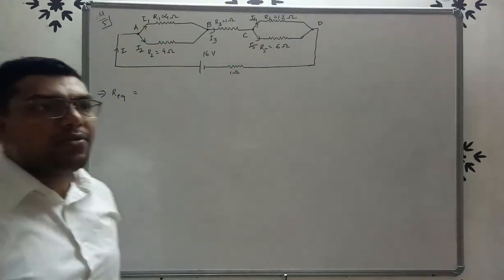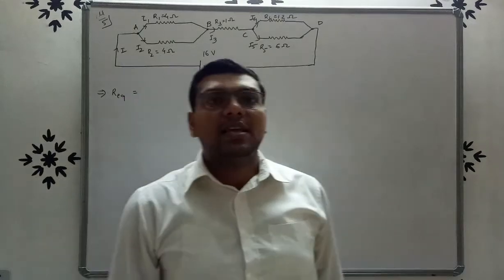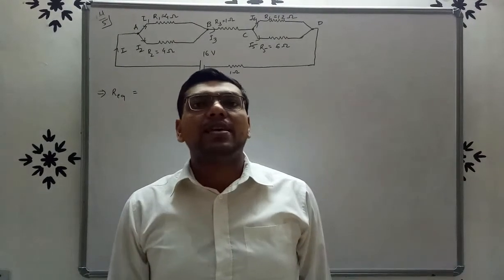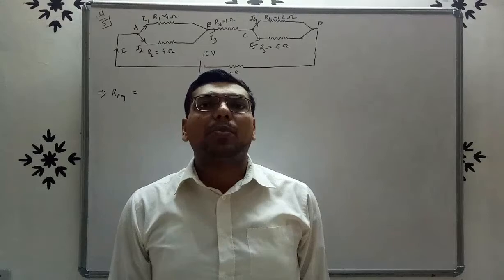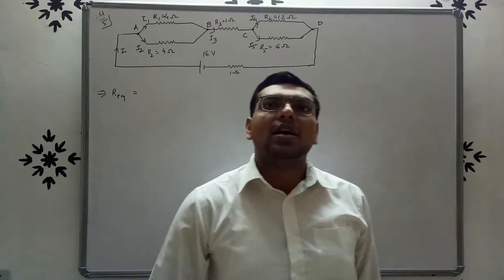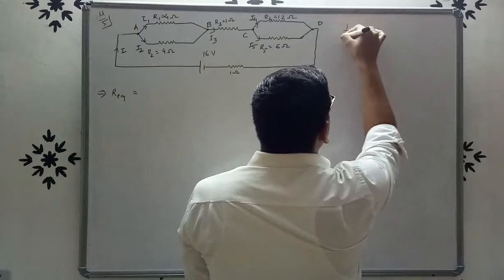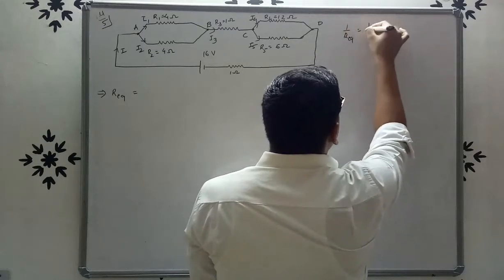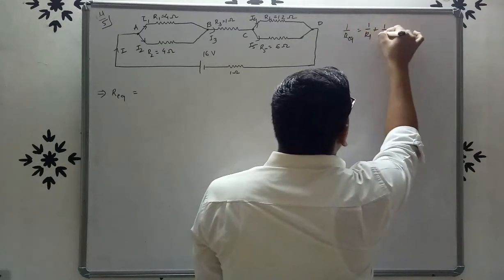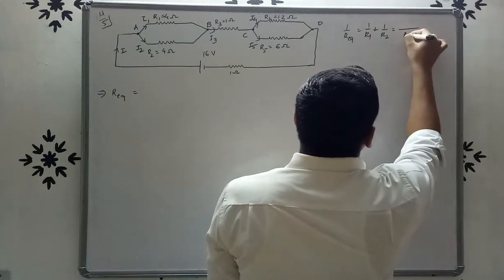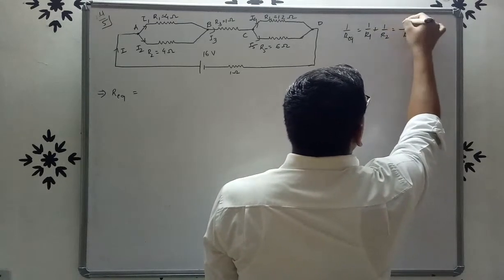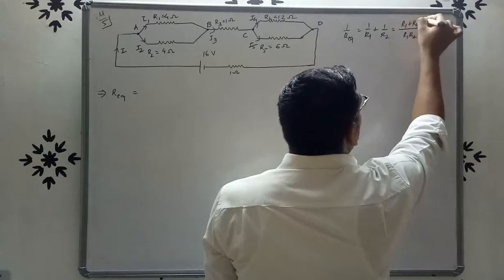Now we know that if there is a parallel connection, then the equivalent resistance will be R1 R2 upon R1 plus R2. Right, we already proved that, because for parallel connection we know that R equivalent is equal to 1 upon R1 plus 1 upon R2. So here we take the LCM, R1 R2 and R1 plus R2.